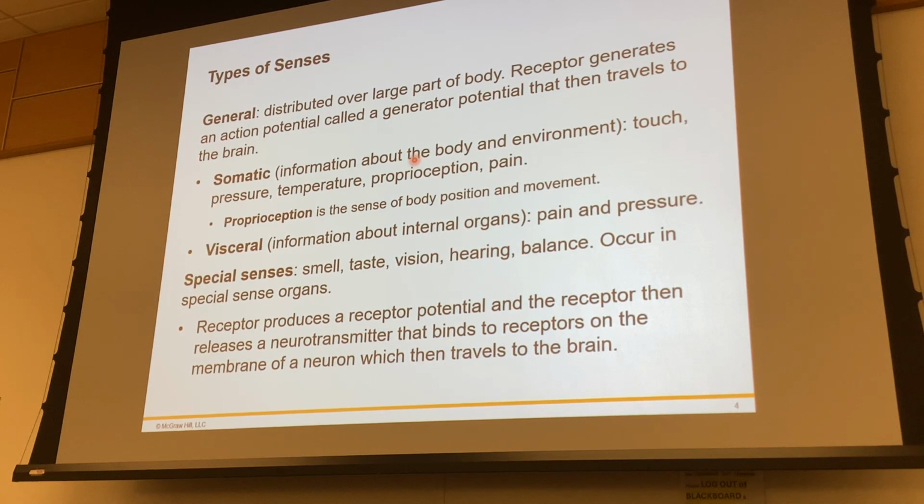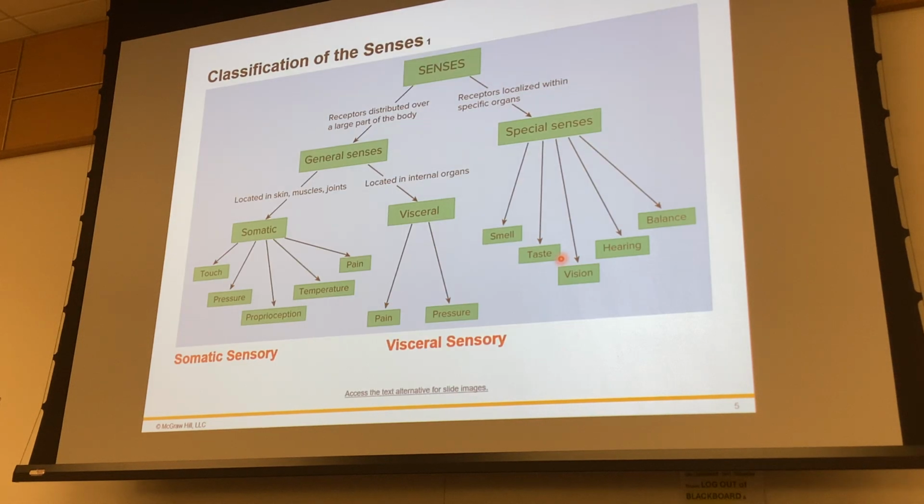When you see the words special senses here, they include smell and taste, vision and hearing, those are the main ones. And it says also that there's balance, but we're going to be talking about balance in the context of this class. Balance is part of the general senses in my book, also in this book, and I'm not sure why they're talking about it as a special sense. When you start organizing all of this, we're organizing all the different types of senses into either general or special senses.